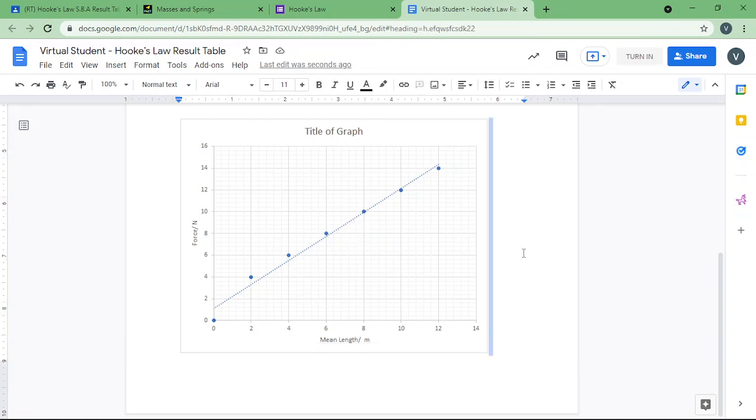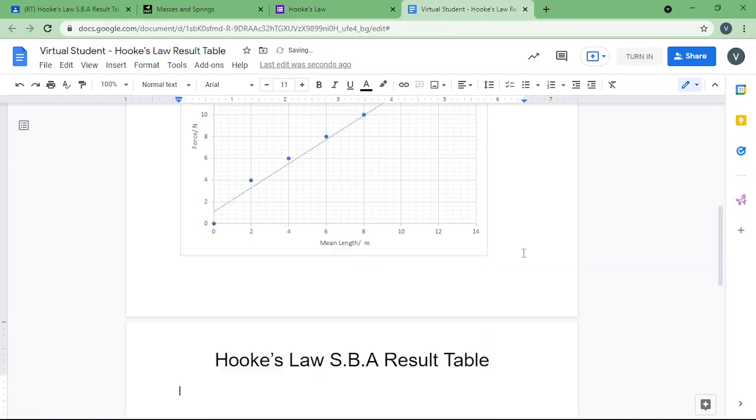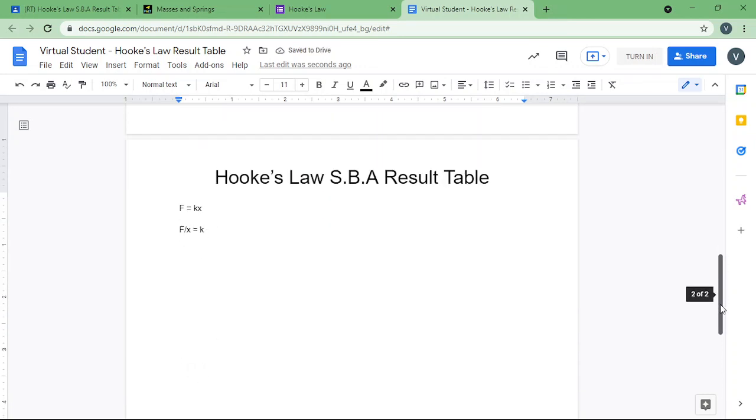Now, the gradient of this graph, remember, F is equal to kx, and the gradient is F divided by x, then you would have found your spring constant there.